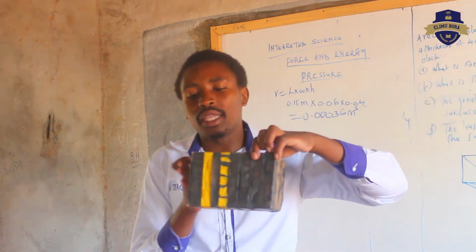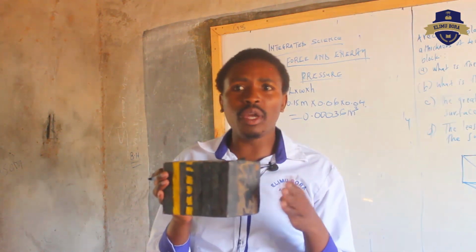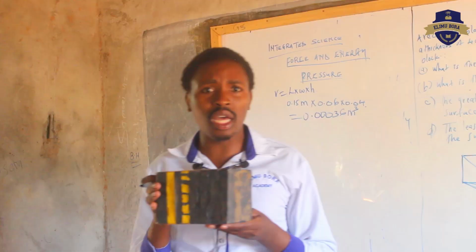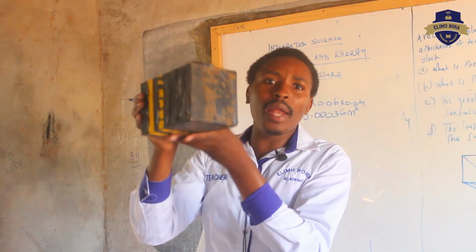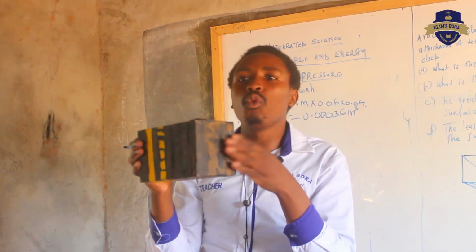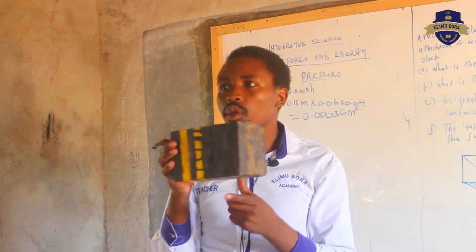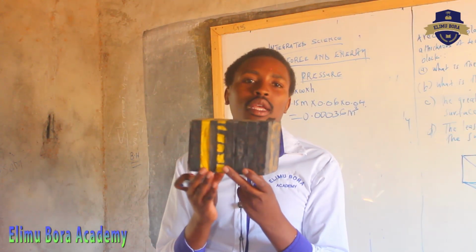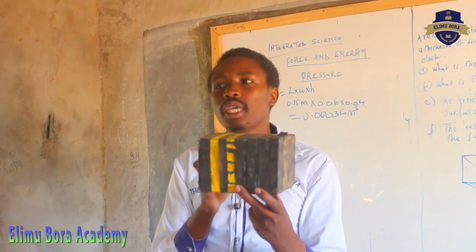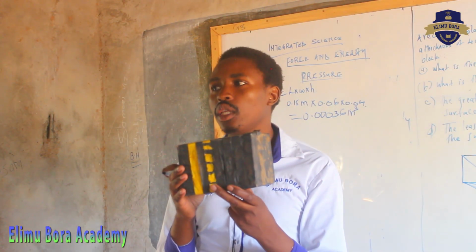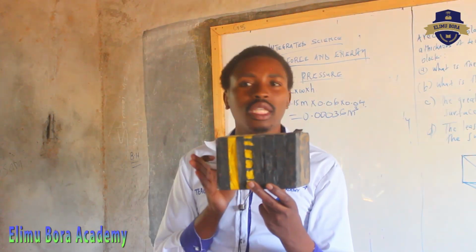Between the pressure that is going to apply on the lower side and the pressure that is going to apply on the width side, which one will have the greatest pressure, class? The width side.